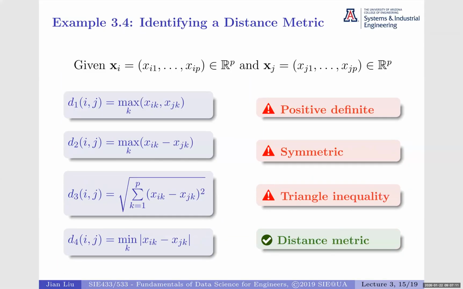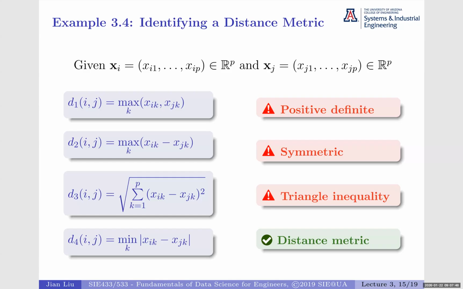Here we give some examples of how you can identify whether some of the distance metrics are good. Some of them are not qualified as distances. For example, here we have two different data objects modeled by numerical variables with p dimensions. Okay, the first one, we call it D1.